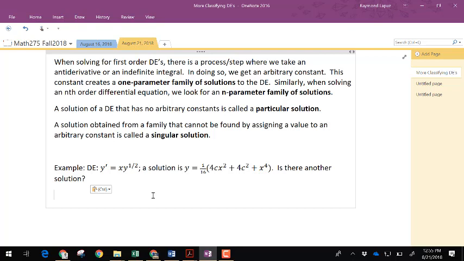It's a little tricky, but in this case, it's a one parameter family.